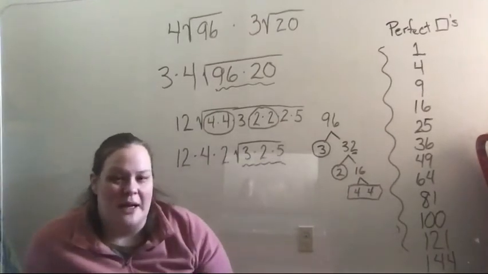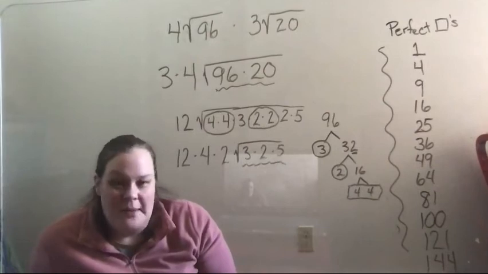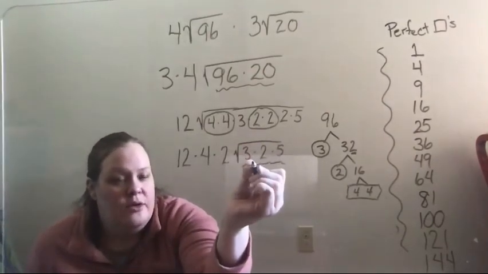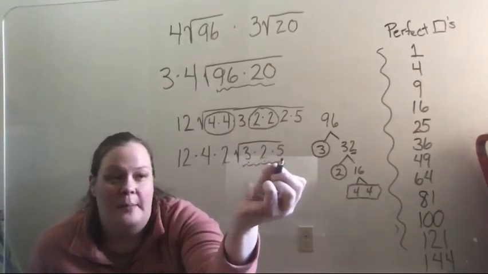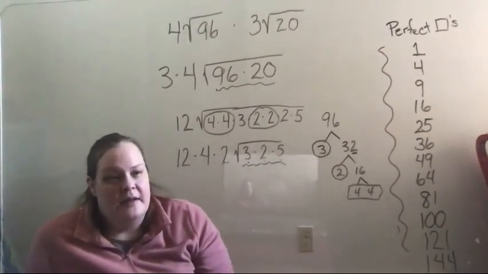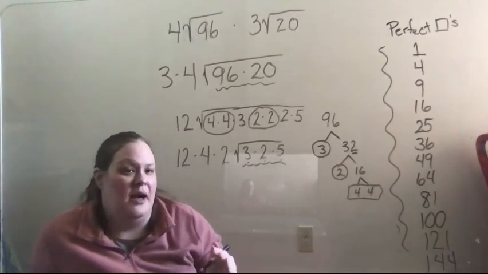Once we multiply those out, we're going to get 30 left inside the square root. And we just want to make sure we can't simplify it anymore. When you have it written like this, your numbers should all be prime numbers. We cannot split any of those apart anymore, and none of them have doubles. So I know that I have simplified as much as possible.